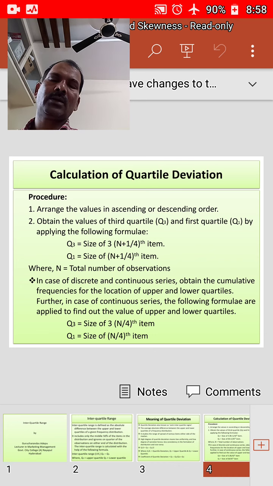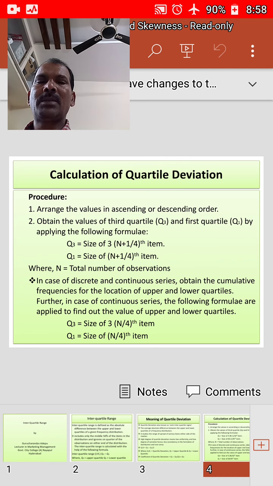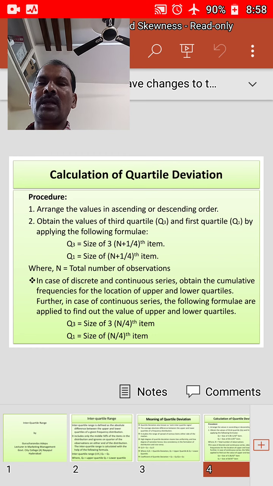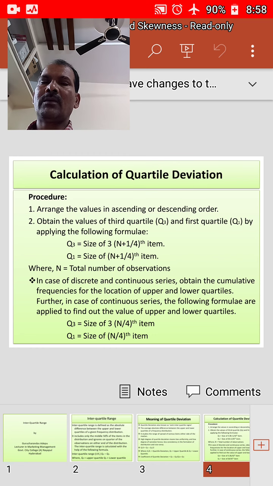And for Q1, it is the size of n plus 1 by 4th item, where for Q3, in order to know the third quartile, you multiply the same n plus 1 by 4th item by 3.